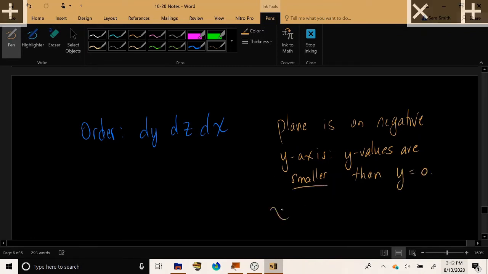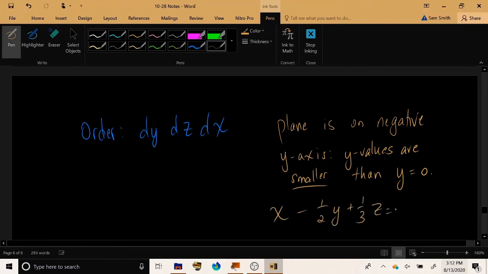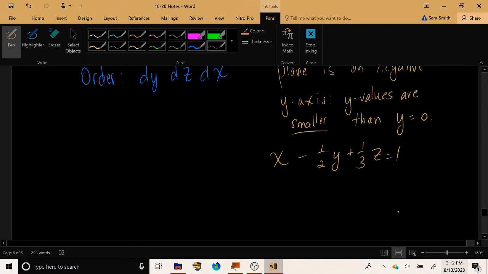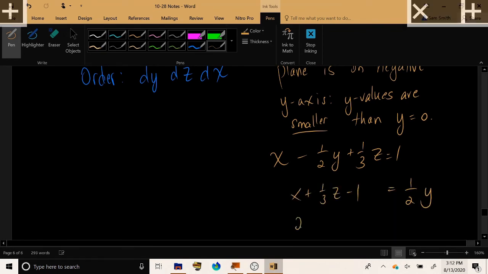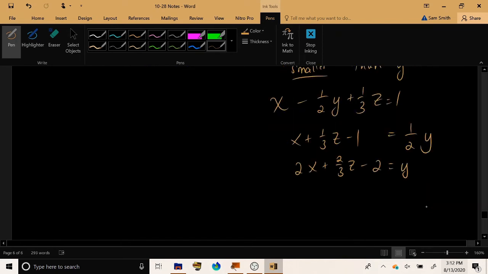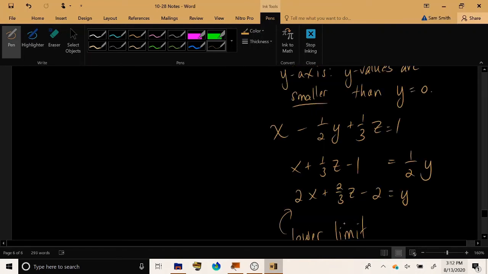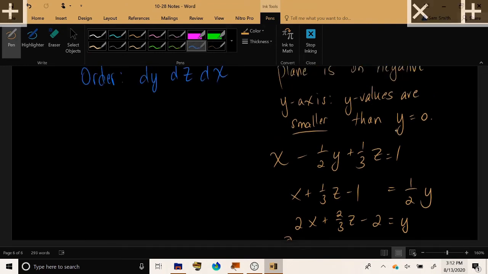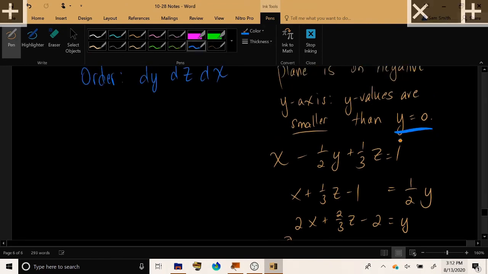So that means that if I take the equation of the plane and isolate y, let's solve for y: 1/2 y is equal to x plus 1/3 z minus 1, so 2x plus 2/3 z minus 2 equals y. Because this plane has the smaller y values, this is going to represent the lower limit of integration. y equals 0, which has the higher values, will represent the upper limit.